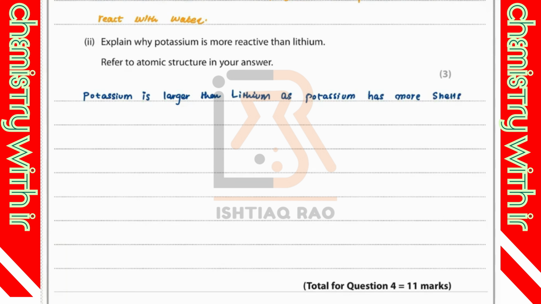So it means that the outer electron will be further away from the nucleus.